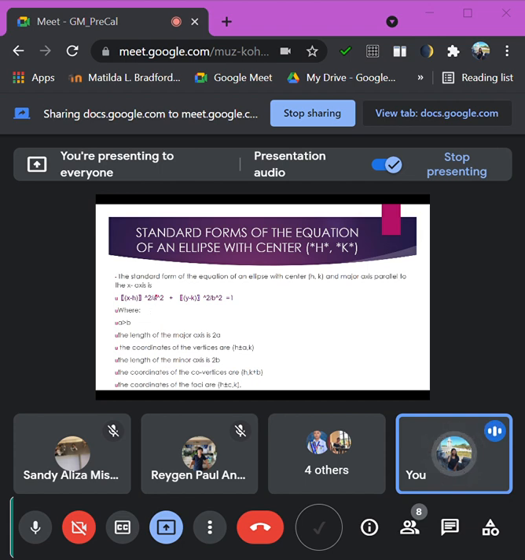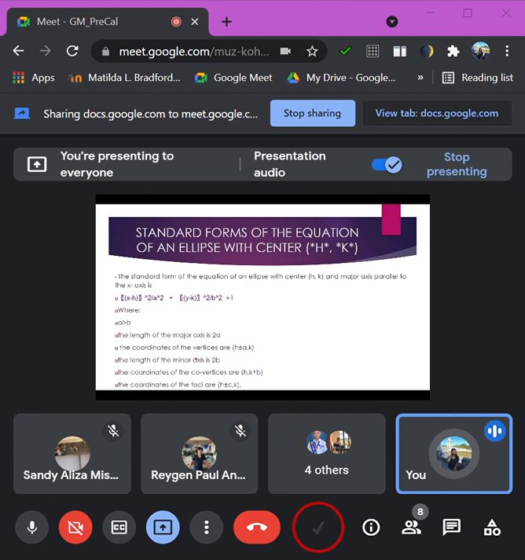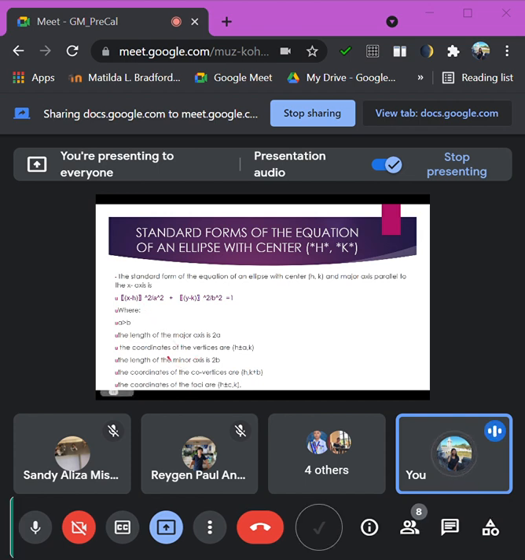So as you can see there, since ato ang major axis kay naa man siya sa x-axis, so same gyapon ganina ang atong a kay naa sa denominator siya sa atong x. So you have there A is greater than B. And then for your length of the major axis, 2A gyapon siya, class.